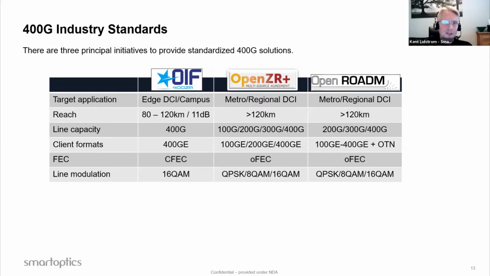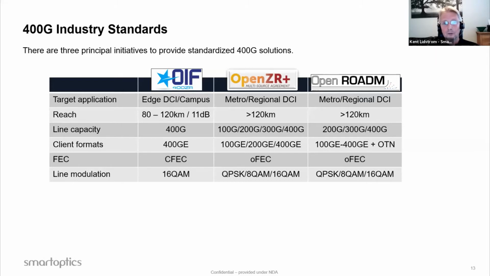Another initiative that's been developed as a result of requirements from operators is the OpenZR+. It's not a standard yet. It's in the multi-source agreement, but it's designed to handle longer distances, more for metro and regional networks. It can be adapted to use different line rates. So you can use 100 gig, 200 gig, 300 gig, or 400 gig on the line side.